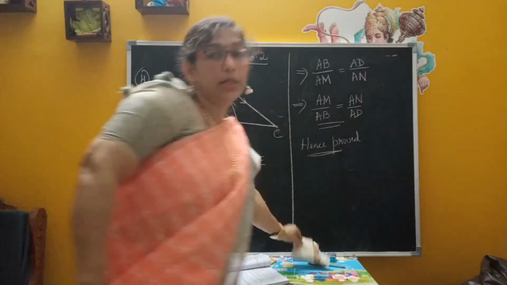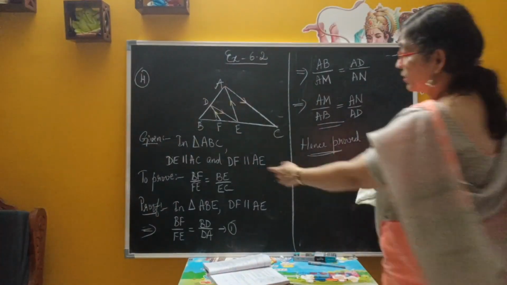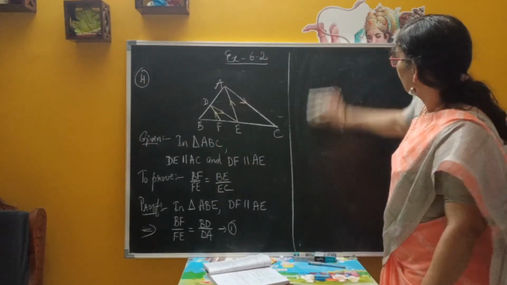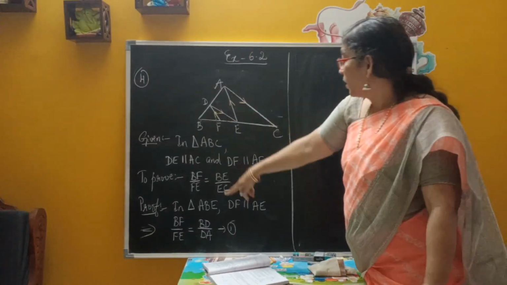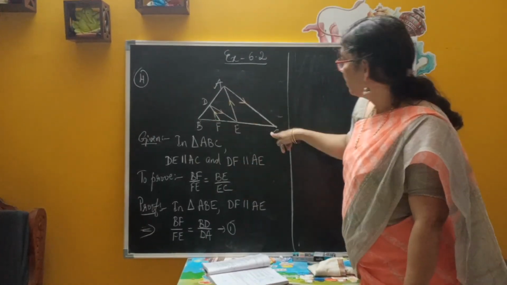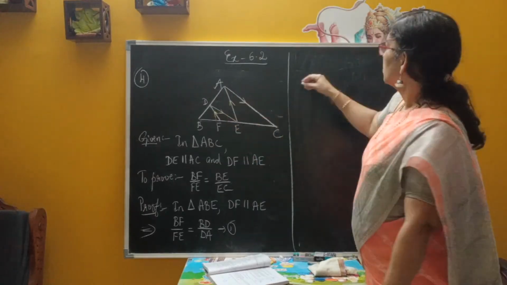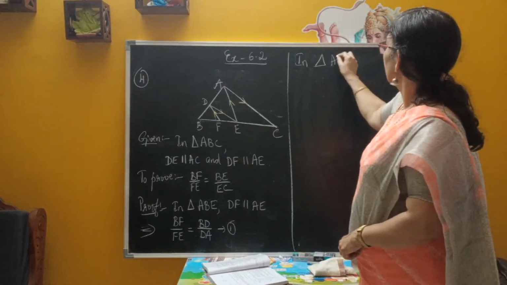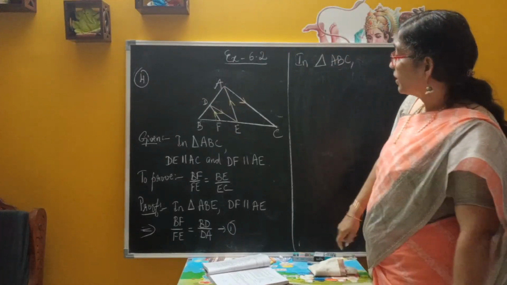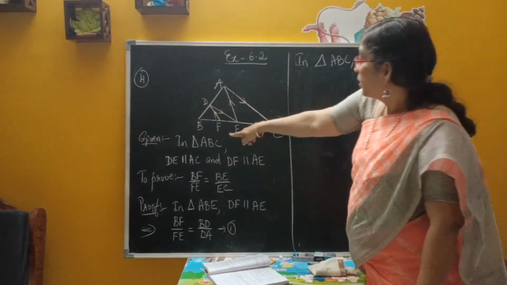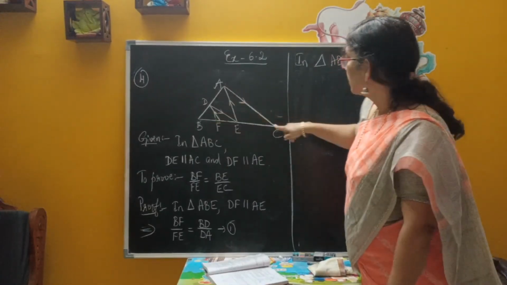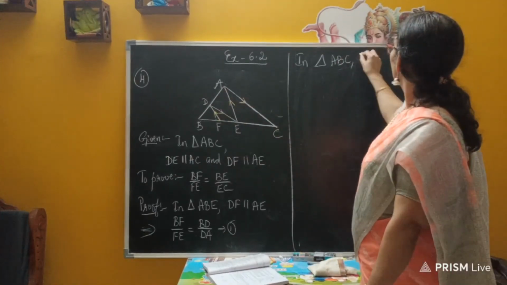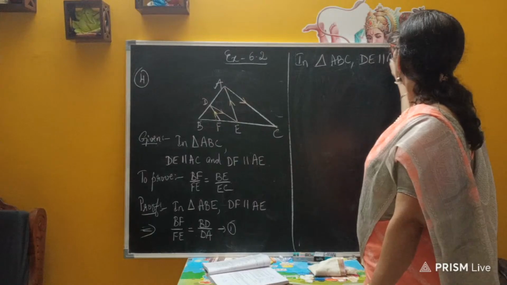Now take the other triangle. Other triangle which contains which one? BE by AC. BE and EC are in the triangle ABC. So right now in triangle ABC, which are parallel sides to say they are equal? Here in triangle ABC, DE parallel to AC. DE parallel to AC.